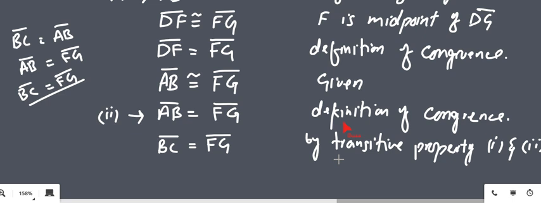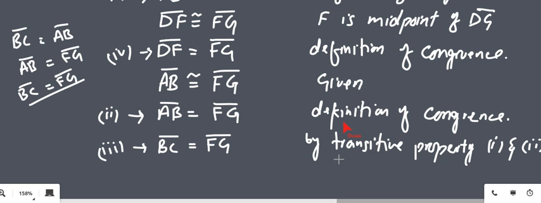Now let me name it 3. Look at this sentence 3 and this one, which I name 4. You can see FG is the same on the right side, so their left sides will be equal. This is basically the transitive property again.